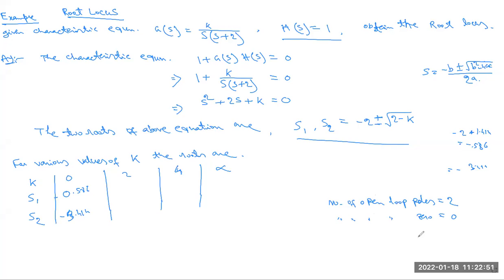So the number of open loop zeros is 0, and the number of root locus branches, that we have to represent, is equal to n equals 2.